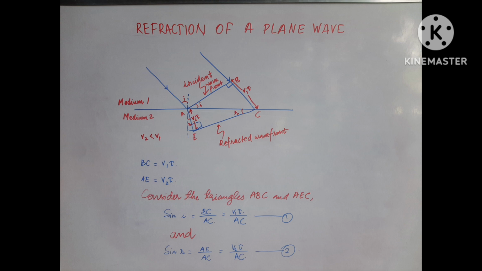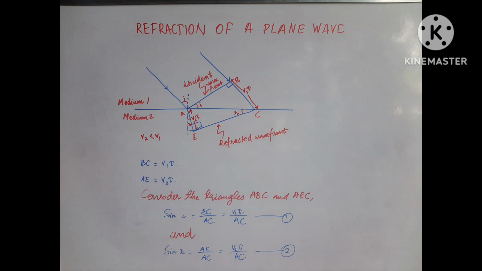Angle of incidence I is the angle in this triangle ABC. Angle BAC is angle I because of this triangular arrangement. So this is a right angle triangle. That is why we got this relation.